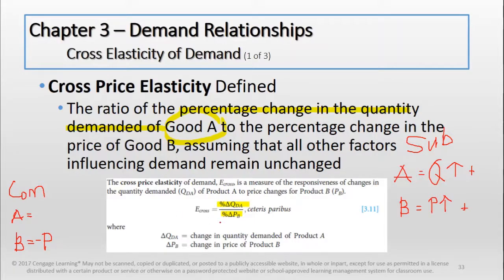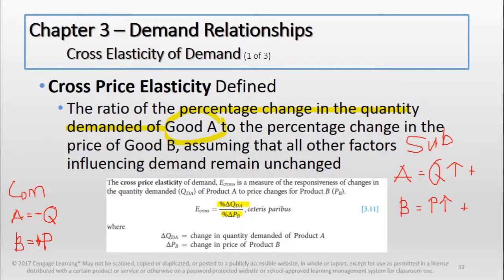If the price of B increases, it would cause a negative change, a decrease, in the quantity demanded of A. So, you can conclude that product A and product B are complementary goods.